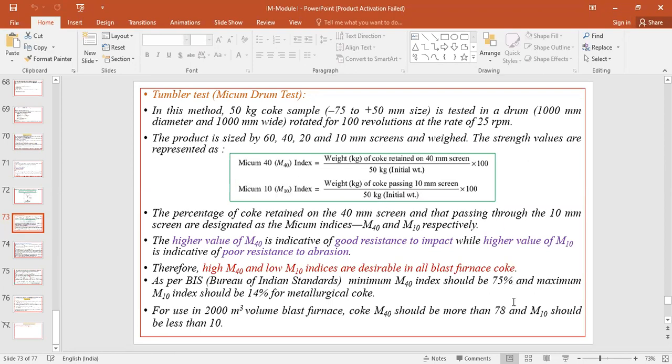So if you consider a blast furnace having 2000 meter cube working volume, then the coke you are going to charge as a fuel inside the blast furnace should have M40 more than 78 and M10 less than 10.